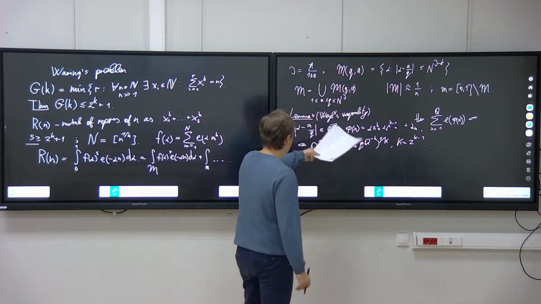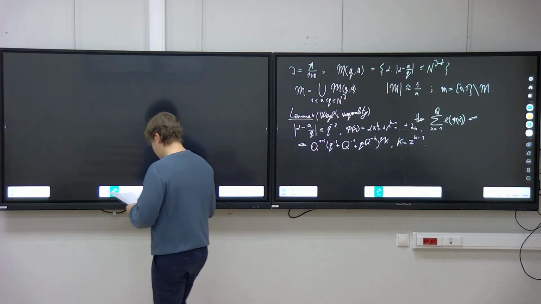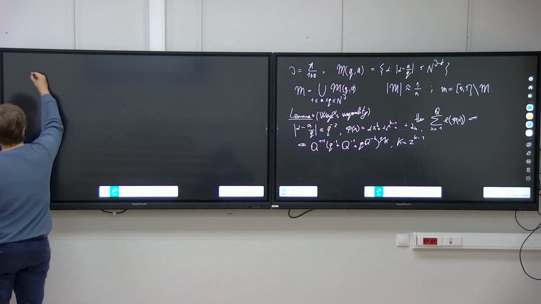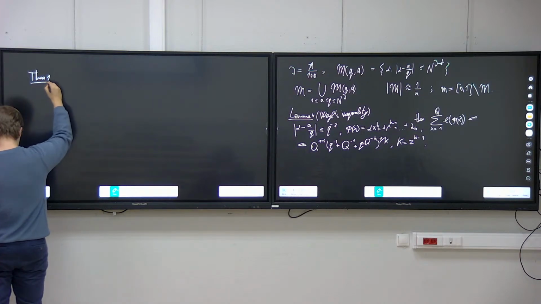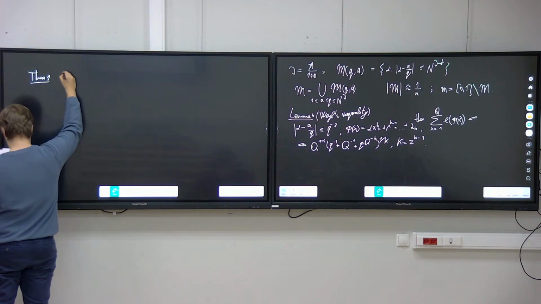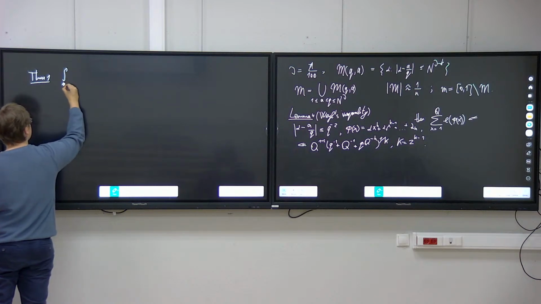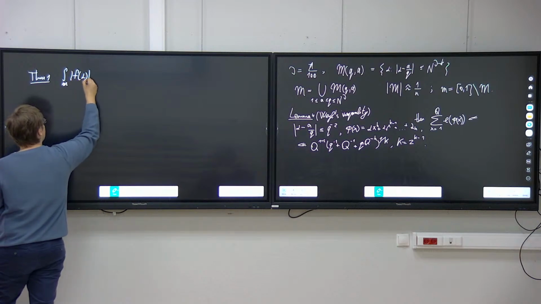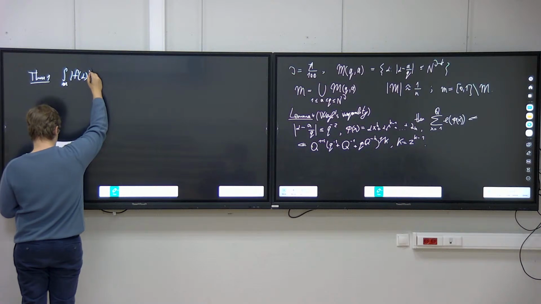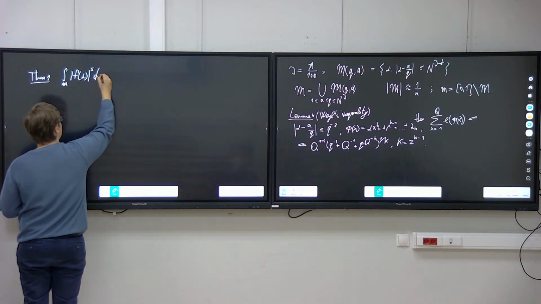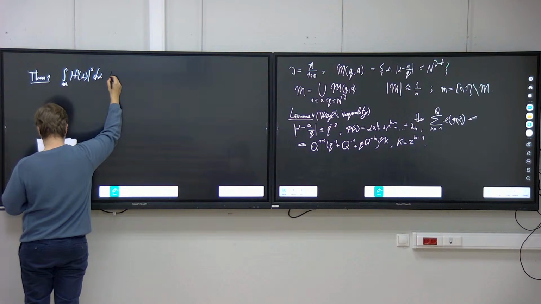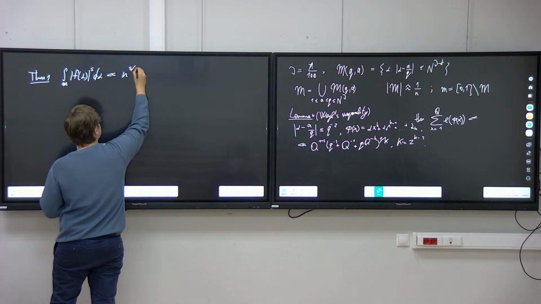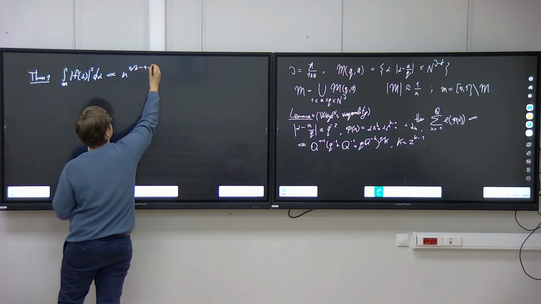And we used this lemma and the main theorem that we proved in the previous lecture, theorem 1, that our integral over minor arcs, actually the integral with absolute value, is small. It's less than n to the power k minus 1 minus delta.